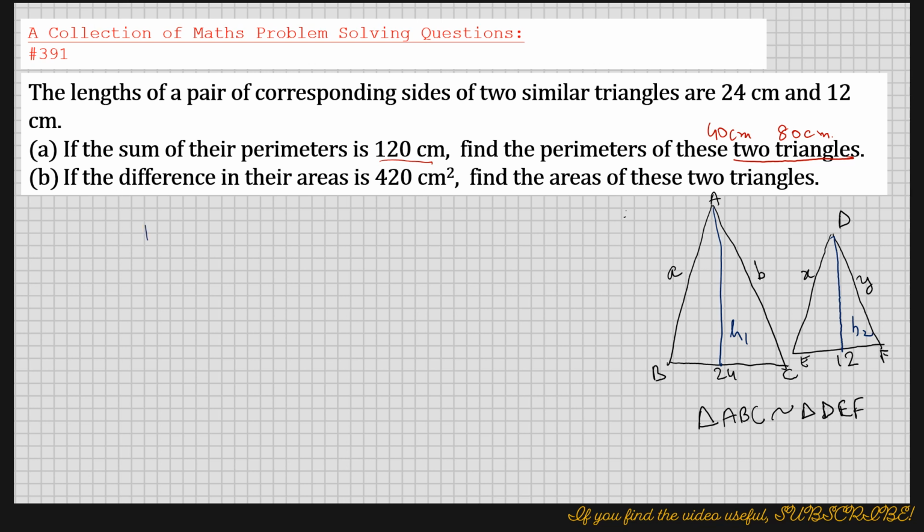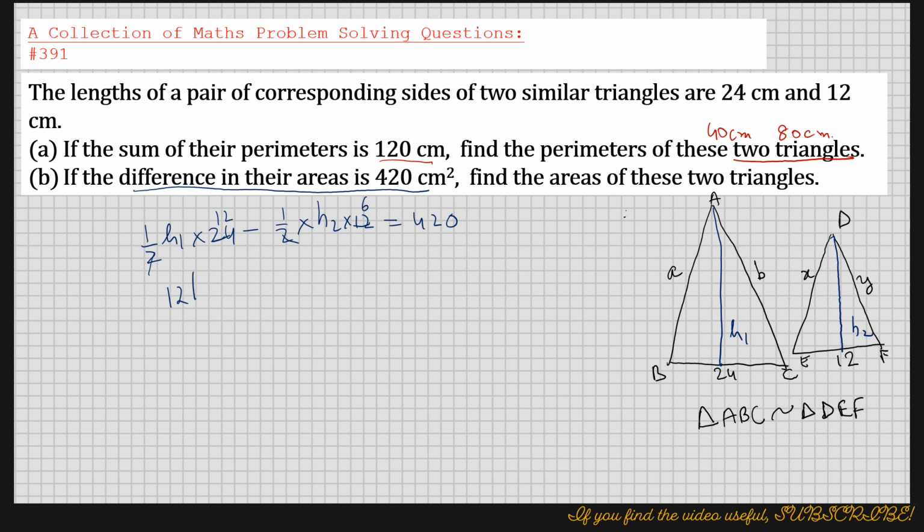then I can write the difference in their areas: half times h1 times 24 minus half times h2 times 12 is 420. It's the difference in areas. So 2 times 12 is 24, 2 times 6 is 12.